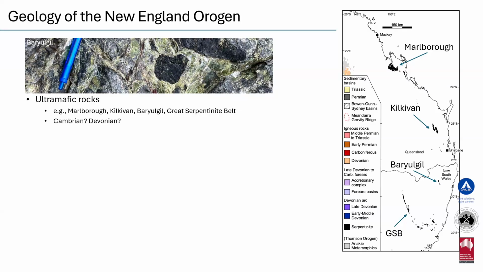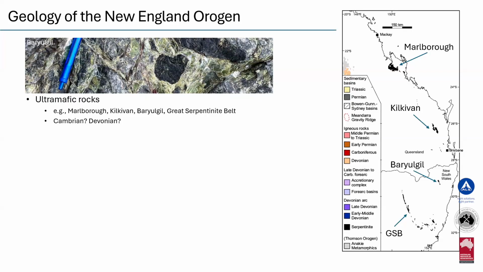So the New England Orogen has, as I already mentioned, some rare ultramafic rocks, but very important to its geological evolution. These ultramafic rocks are, at least in some places, clearly associated with dismembered ophiolites. Sometimes they occur with gabbros and plagiogranites.